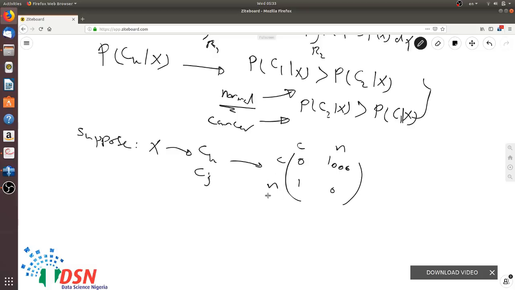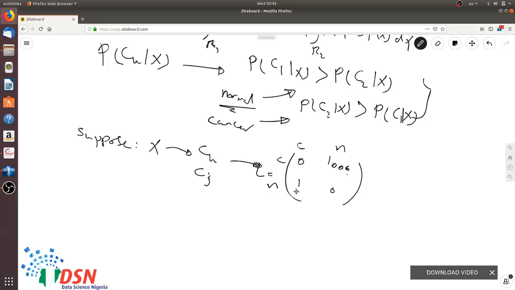We show that with L, and this is the loss matrix. If somebody has cancer and we predict that person has cancer, the relative loss is 0. If somebody has cancer but we predict he is normal, its relative loss is 1000, in comparison with the opposite case, that somebody is normal but we predict he has cancer.